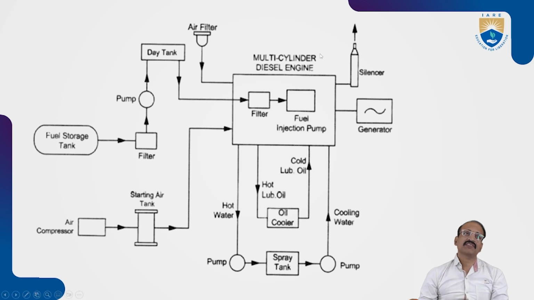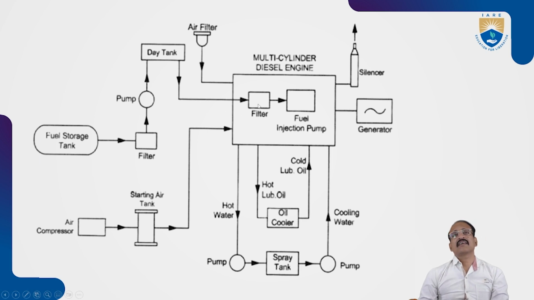So this is the functioning. First, there is a fuel storage tank. Fuel is important. From the fuel storage we have a filter, and the filtered fuel is pumped to the day tank. We make sure there is always a reserve of fuel in the day tank, and it is sent to the multi-cylinder engine.